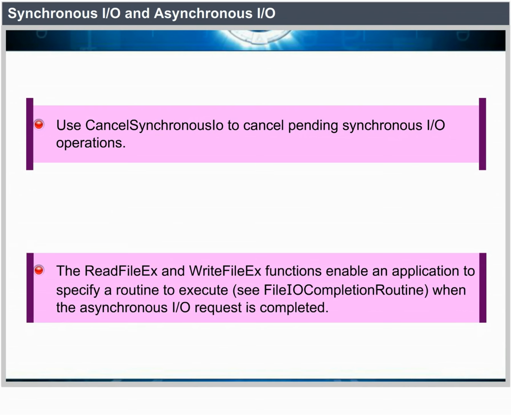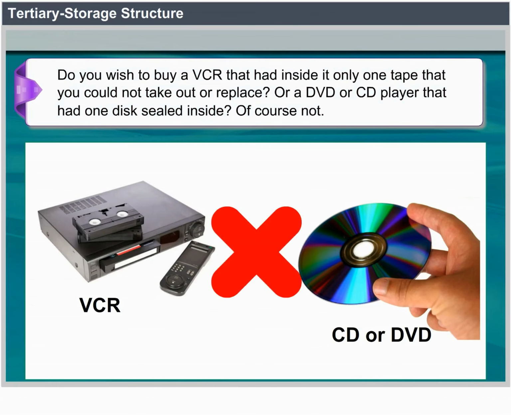Tertiary storage structure. Would you buy a VCR that had inside it only one tape that you could not take out or replace? Or a DVD or CD player that had one disc sealed inside? Of course not. You expect to use a VCR or CD player with many relatively inexpensive tapes or discs.